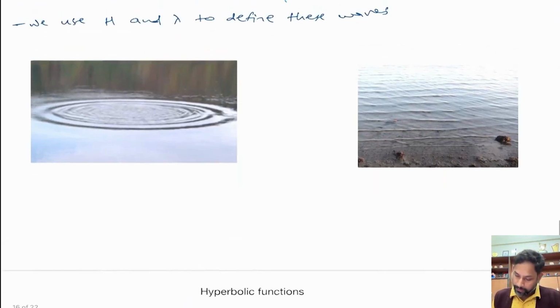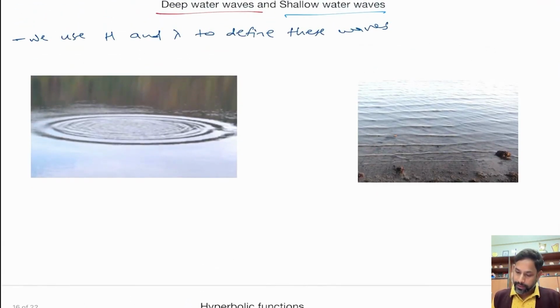Okay, what you see on the left is an example of deep water waves, where it is assumed that h is much greater than lambda, where remember that lambda is the wavelength of the wave and h is the layer depth.